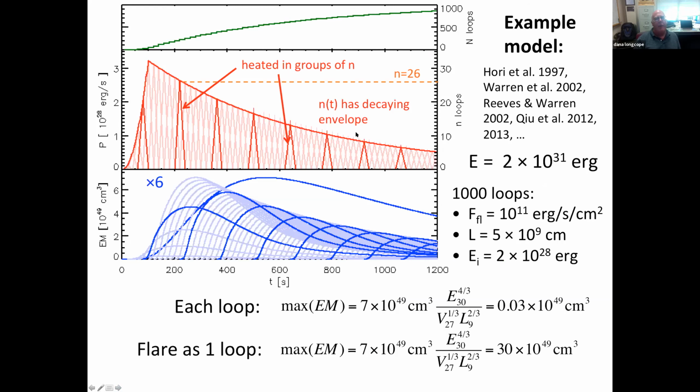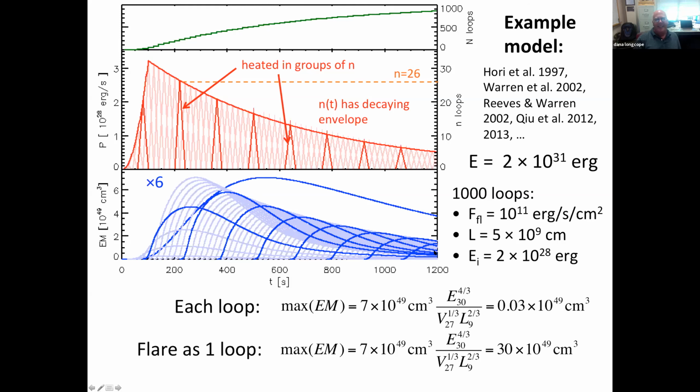So here's the power coming out, here's the power going in, and here's the emission measure. Each one of these peaks at its own place, and this curve here is the total emission measure. It doesn't look like any of these. Each of these cools off a lot faster.